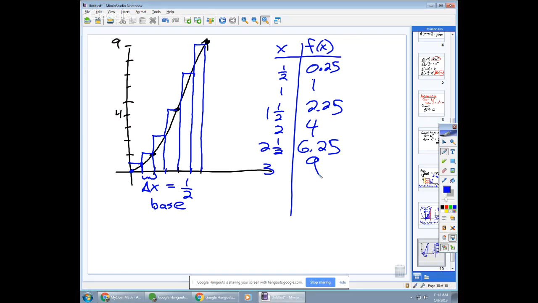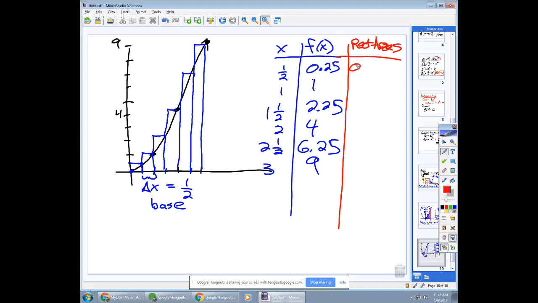So I'm just going to continue my table, because then those are the f of x, those are the heights of each of my rectangles, right? What's the width of each rectangle? It's always 1/2. So now I'm going to just find my little rectangle areas by just multiplying each of those numbers by 1/2, and then I add them all up, right? So here I'm going to have 1/2 of a quarter, which would be 1/8.